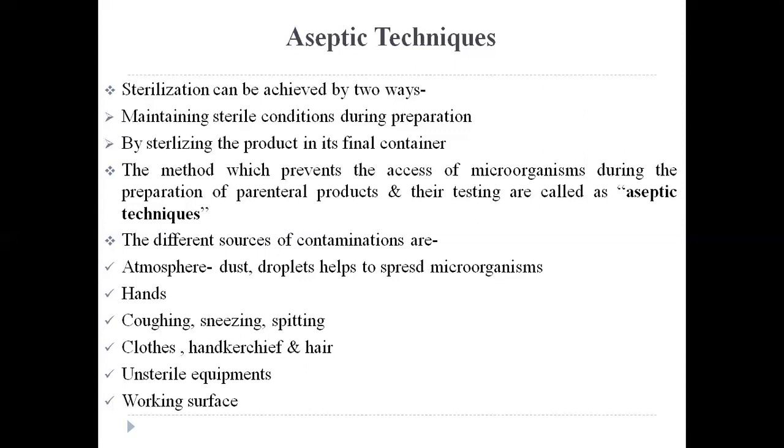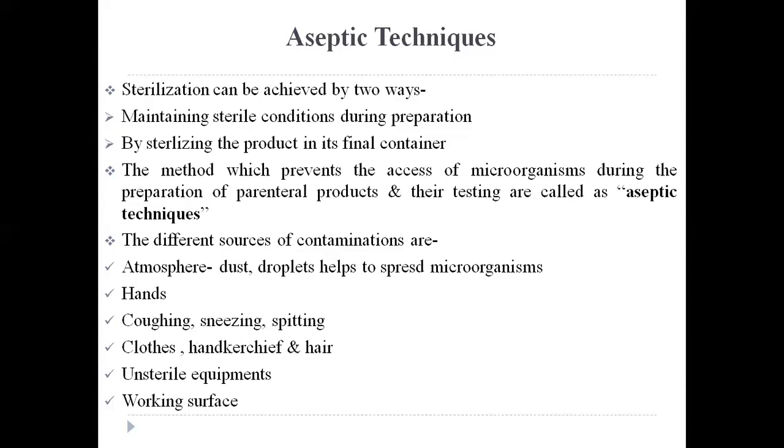Firstly, the place where the preparation, manufacturing and packaging is taking place must be sterile. The substances, the glasswares, the working floors, whatever is being used, those areas must be completely sterile.